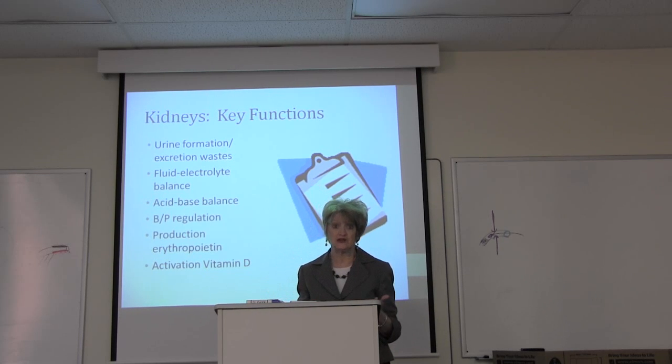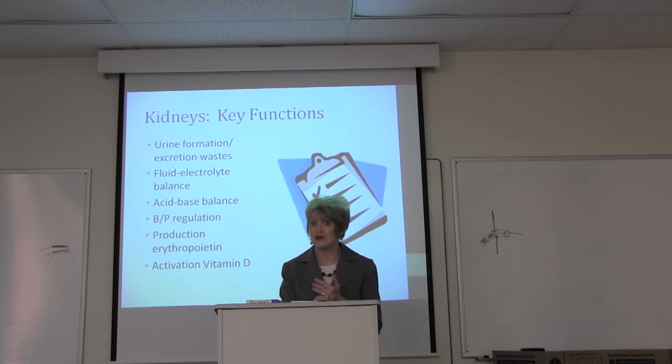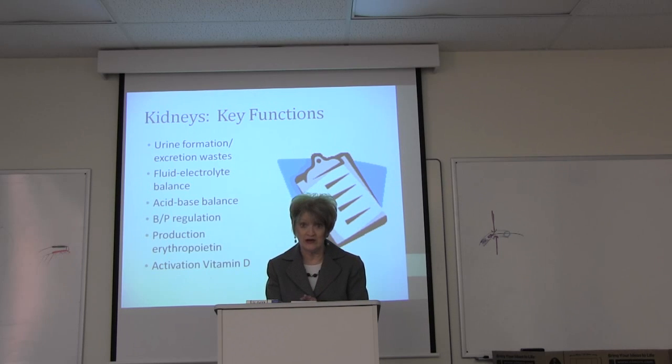So what do the kidneys do for us? You certainly know that the kidneys make urine, and that in the process of making urine, they eliminate protein waste. We're very clear on that.